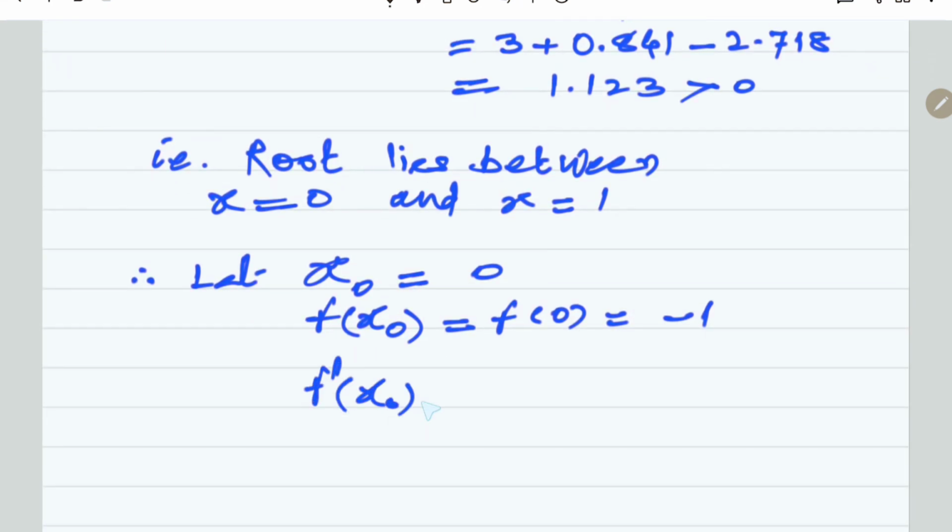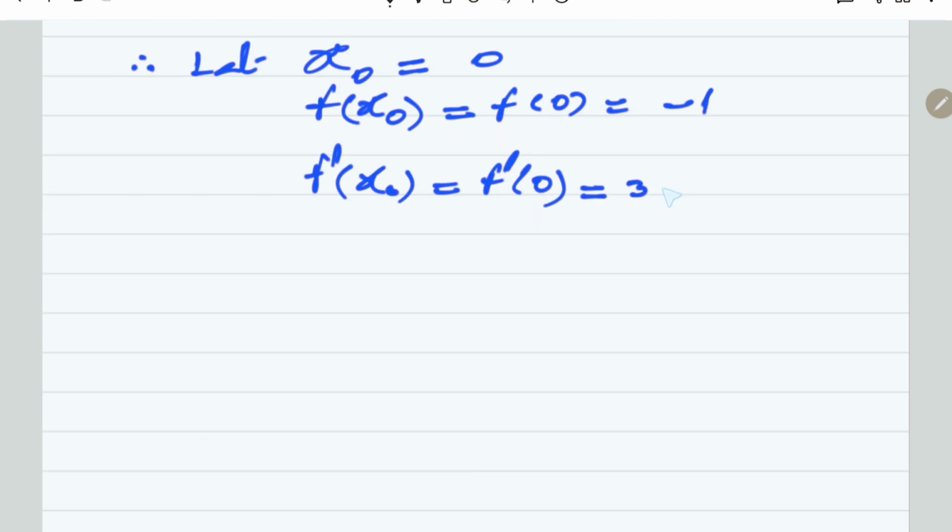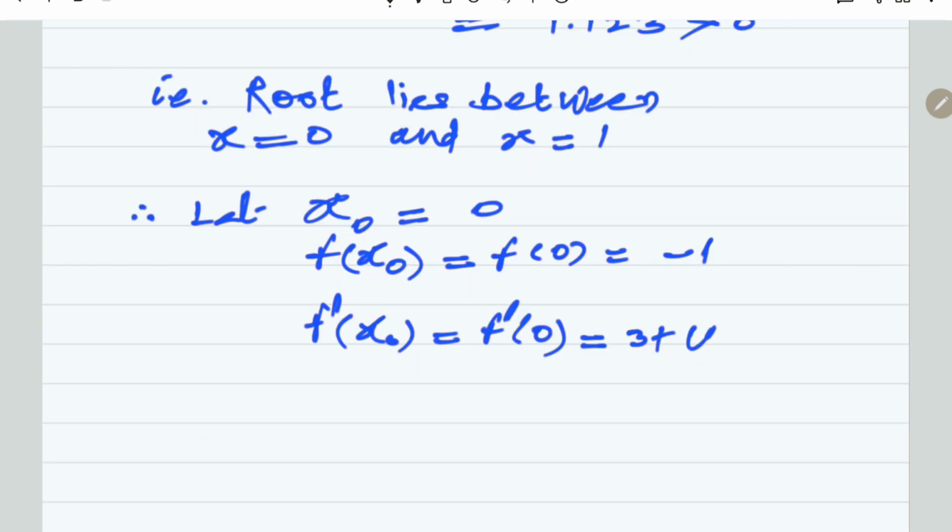We calculate it from equation 2 by substituting x as 0. We get 3 plus cos 0 minus e raised to 0. Cos 0 is 1, e raised to 0 is 1, 1 minus 1 gets cancelled, therefore we get the value as 3.